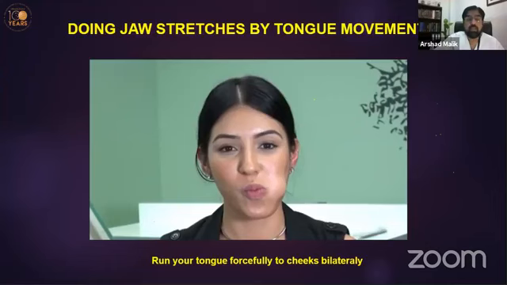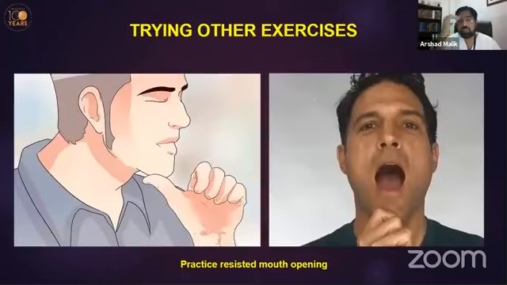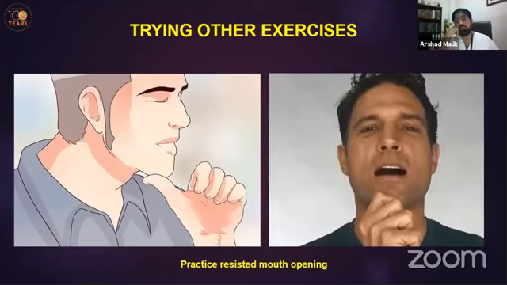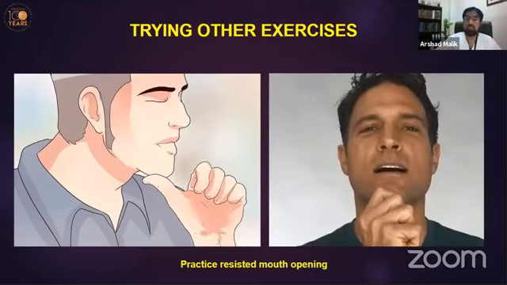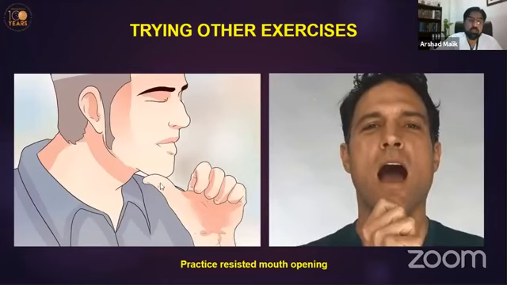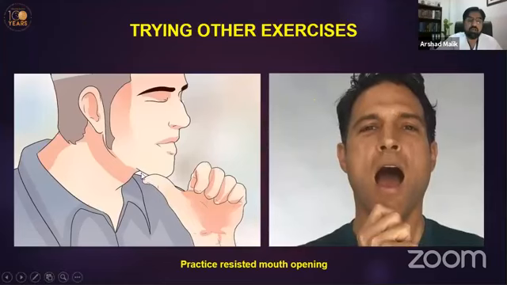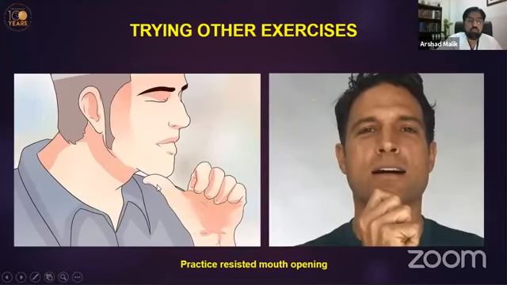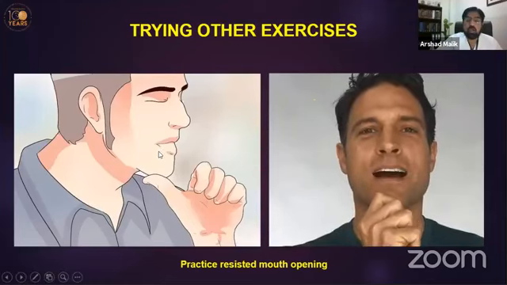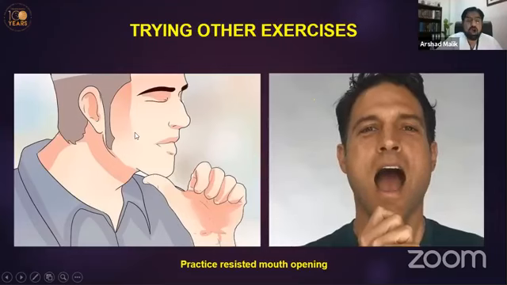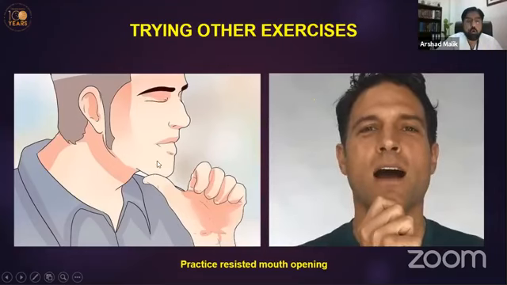Now the next exercise is resisted movement opening. Now this man is putting the thumb at the lower level of the chin and pushing his thumb upward while the jaw is opening.